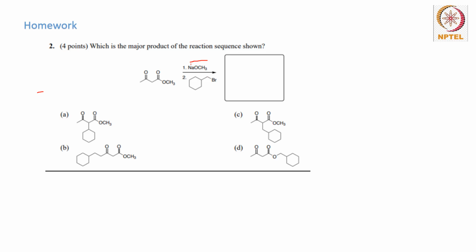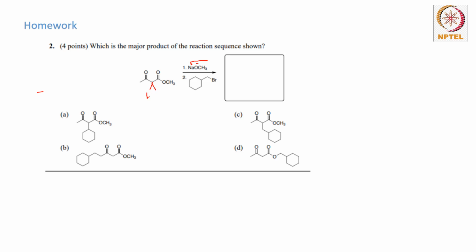This base is positively charged and this is negatively charged, so it can abstract a proton. So in this structure, which is the most acidic proton? We have discussed keto-enol tautomerism in the very first class, and also after that through aldol condensation and other reactions.